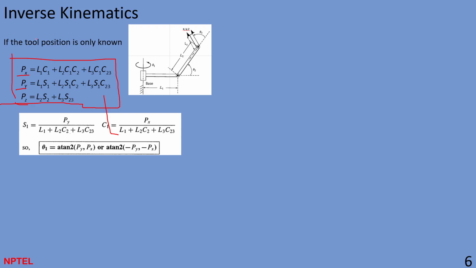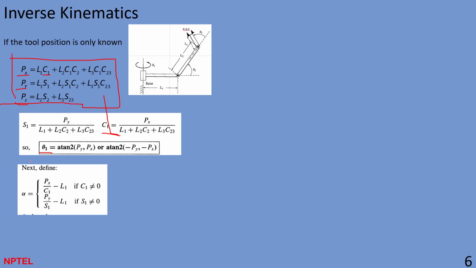So again, you have this equation. You take s1 common here, and in the other equation you take c1 common here. Get something like this. Just divide by s1 and you get a tan inverse thing. Now you need to define something like an alpha here. How do you define alpha? It is something like px by c1.